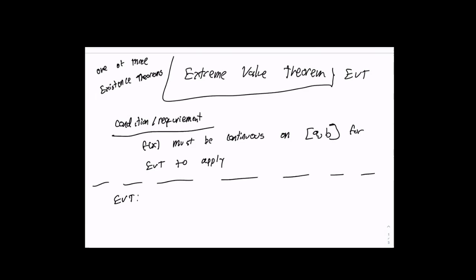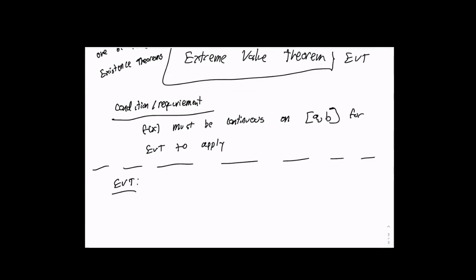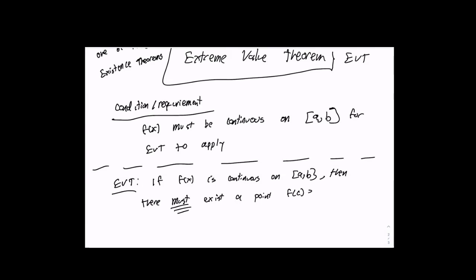What does EVT state? Well, EVT states that if f of x is continuous on the interval a to b, then there must exist a point f of c that is greater than or equal to all the points f of x on the interval a to b.